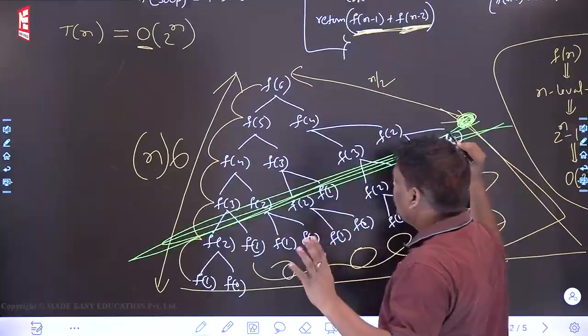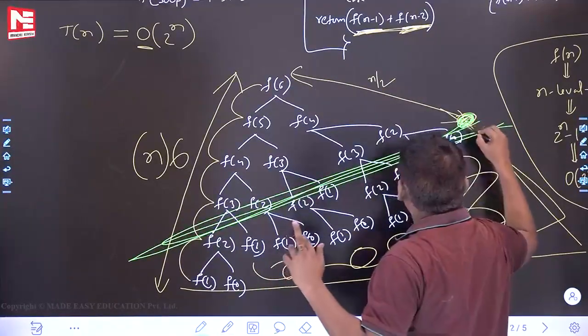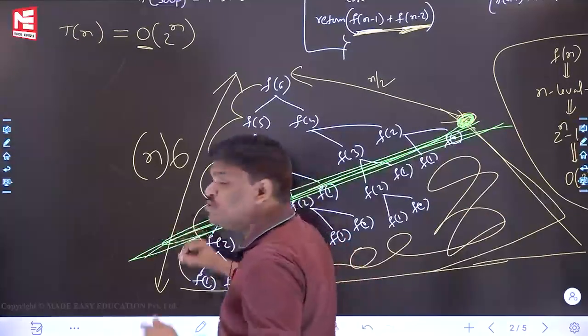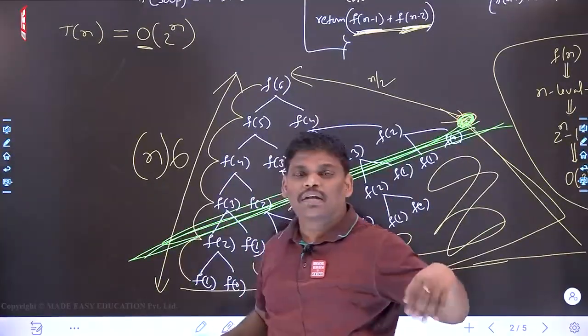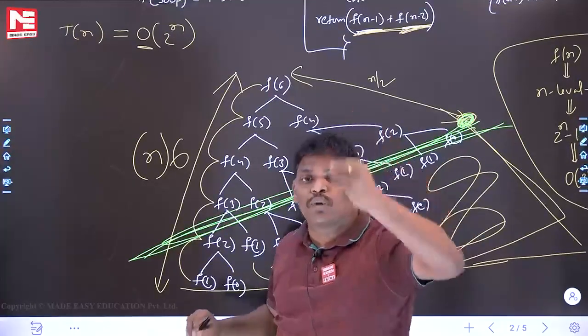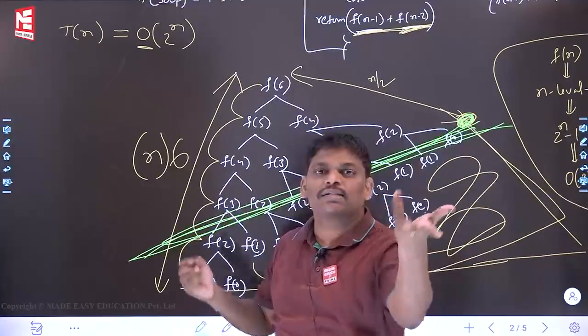That means you are cutting some things, throwing something away. Even though some nodes are available, you are not counting them. You are leaving something, taking less. That is called the lower bound.